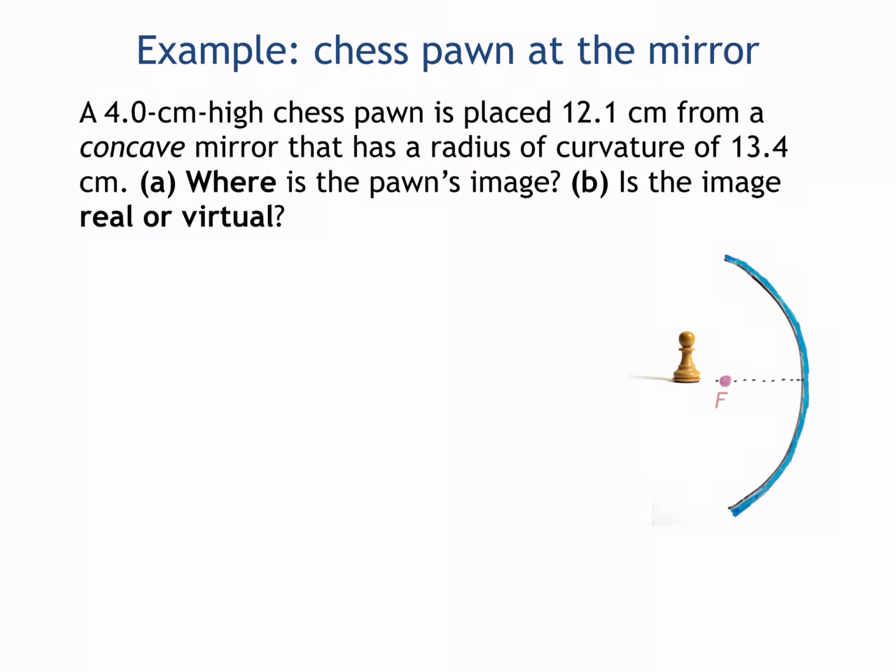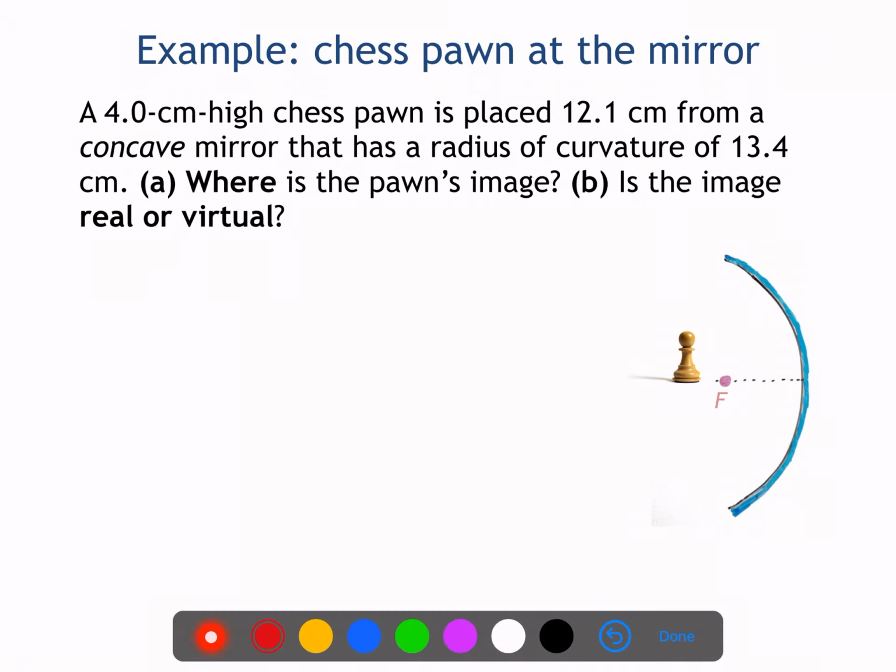Okay, so let's do an example where we actually apply the mirror equation. And by the way, we're also going to need some other pieces of information in order to solve this problem. For one thing, we have to remember that the focal length is going to be half of the radius of curvature. And we do not need a minus sign in this particular example because the shape of the mirror is concave, and so we have a focal length which is greater than 0.